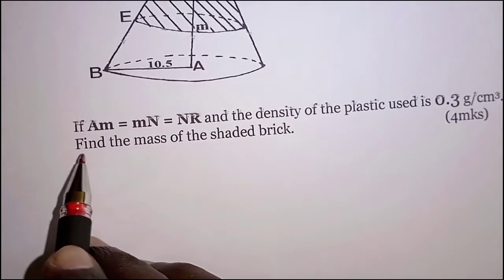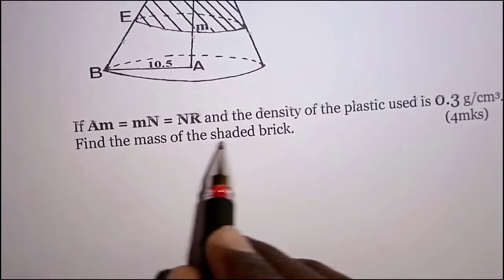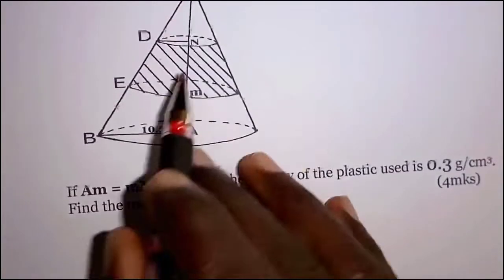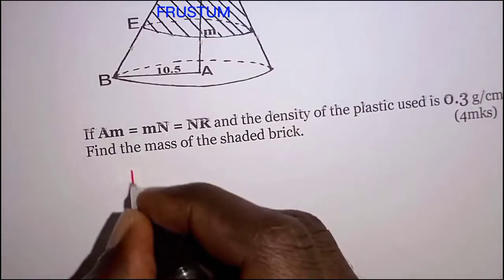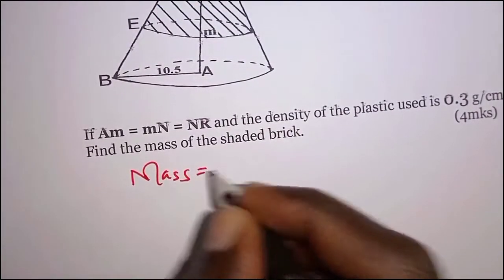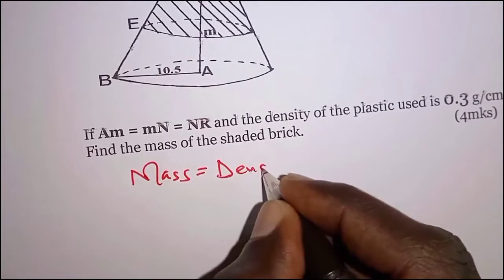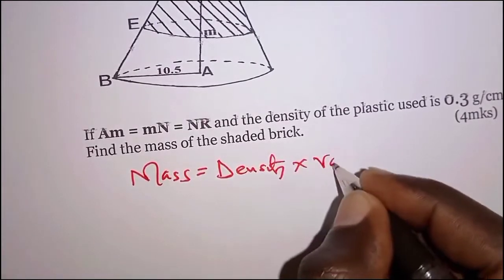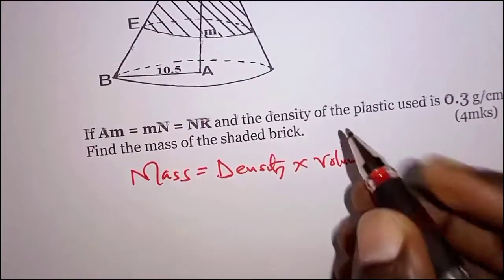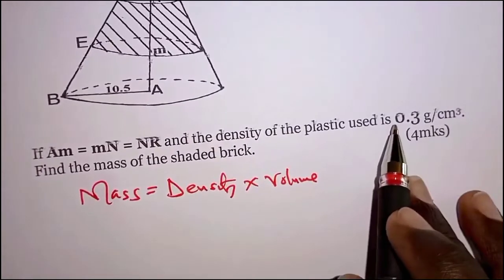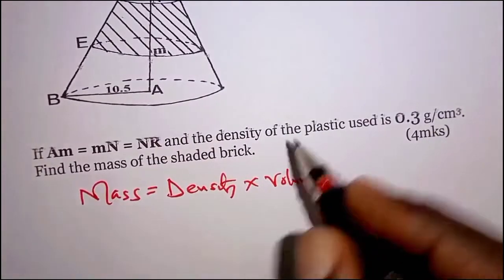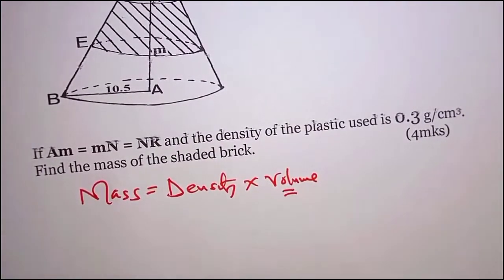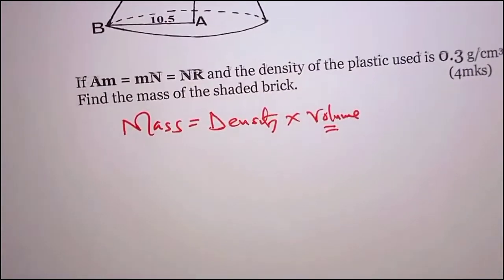In the question, we are asked to find the mass of the shaded brick, which is the frustum, and mass is given as density times volume. And already in the question we know what the density is, so we're only left with the volume to determine, and then we'll be good to go to get the mass.